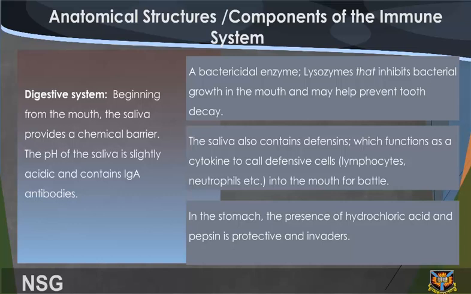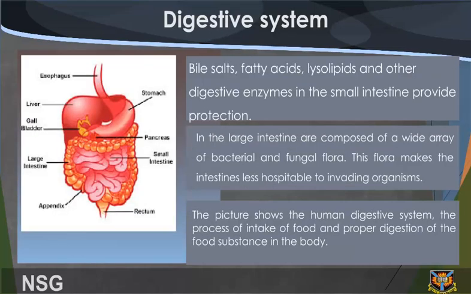In the stomach, the presence of hydrochloric acid and pepsin is protective against invaders. Digestive system. Bile salts, fatty acids, lysolipids, and other digestive enzymes in the small intestine provide protection.